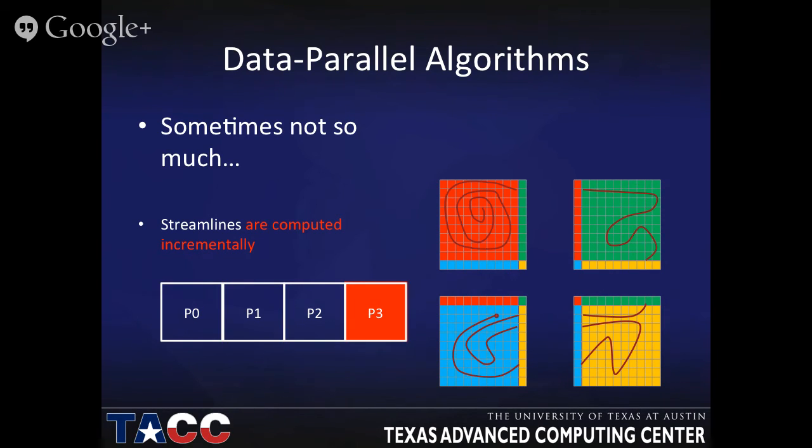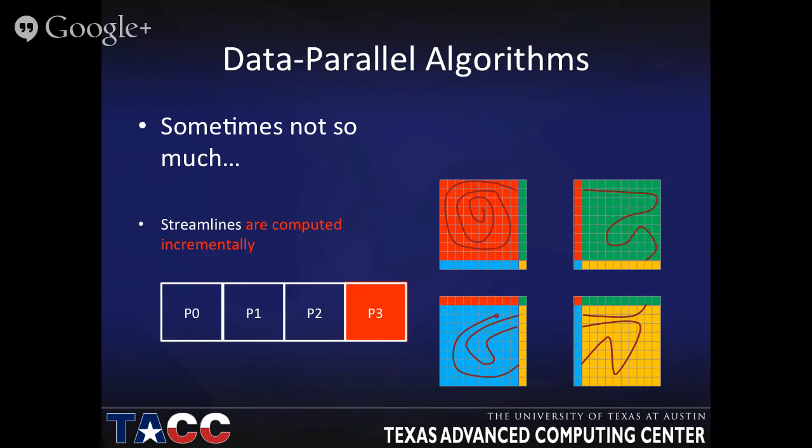And at no time in this process did anything ever happen in parallel, right? So there are going to be some algorithms that you're going to run into that are inherently serial, and no matter how much compute you throw at computing that streamline, it is not going to go one bit faster than it would on one node.